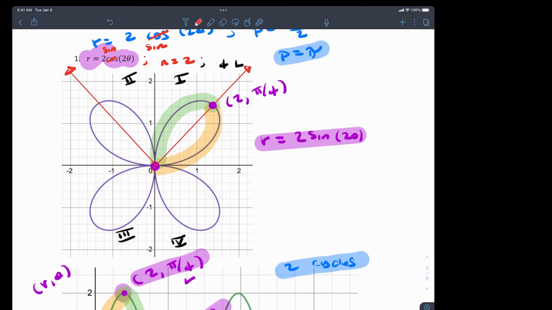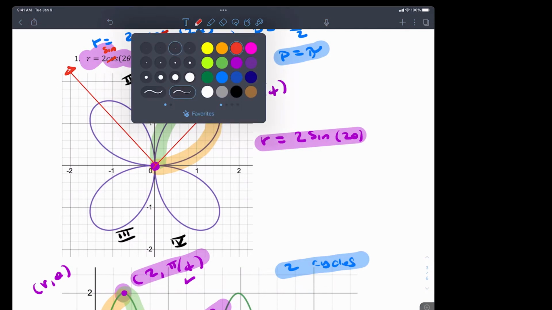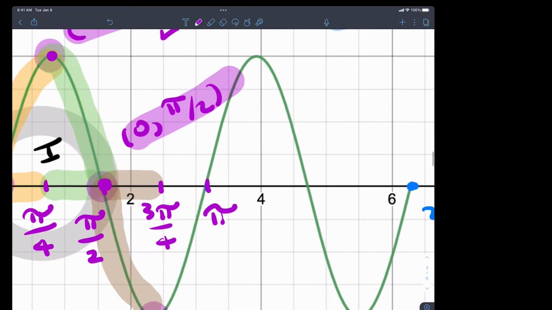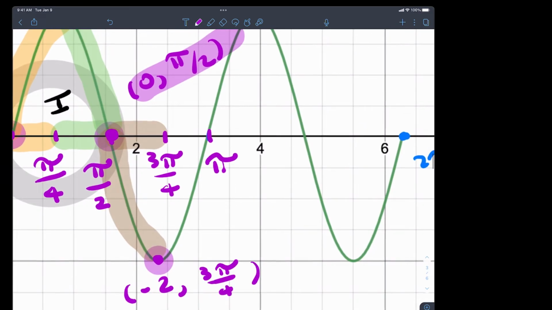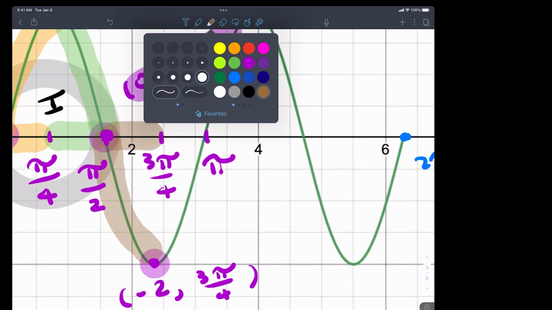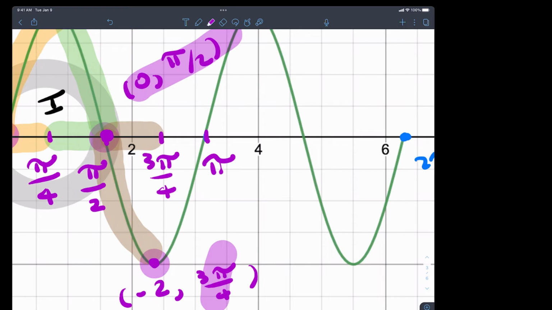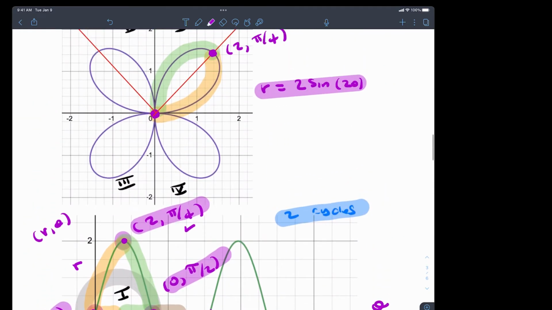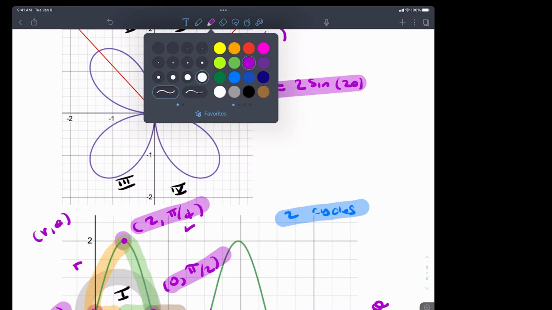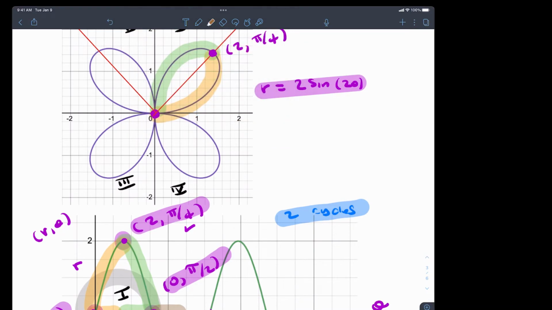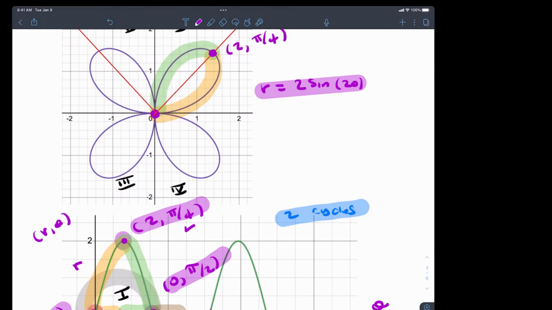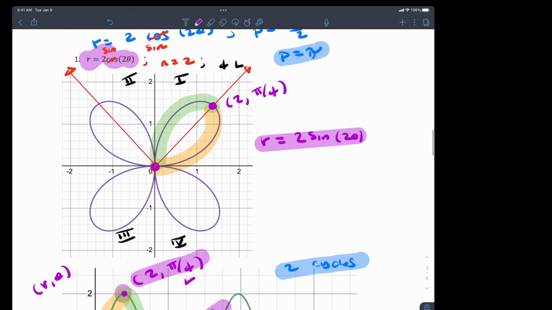So this is how that looks. You go from 90 degrees, pi over 2 now, to 3 pi over 4, and your radius is negative. So you start at 0. How does that look? Where are you at that angle? This is the angle 3 pi over 4 here.